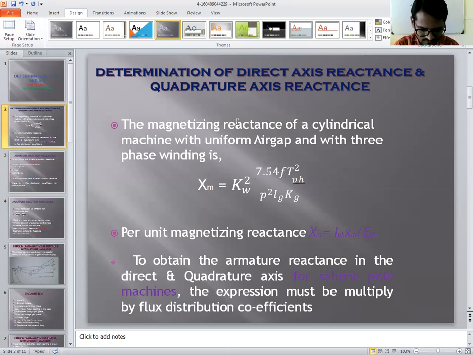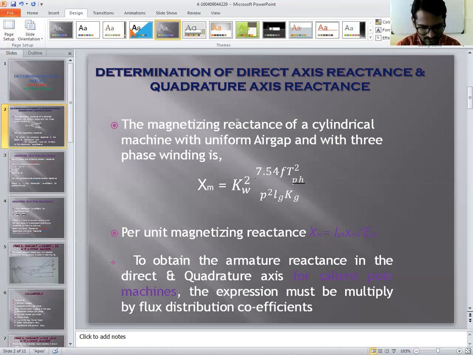In this case, for a given armature current, the armature MMF is constant and the armature flux, equal to MMF upon reactance, is minimum. In the case of LD, we know it is armature flux into NPH upon armature current, but in the case of XQ, the armature flux equals MMF upon reactance, and it is minimum.